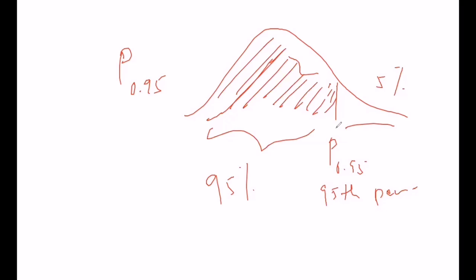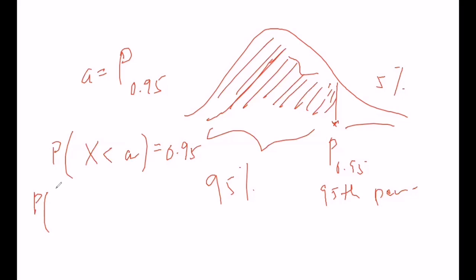Basically you are trying to find the cutoff here. So P of X less than this cutoff, let's say I write it as A, is equal to 0.95.